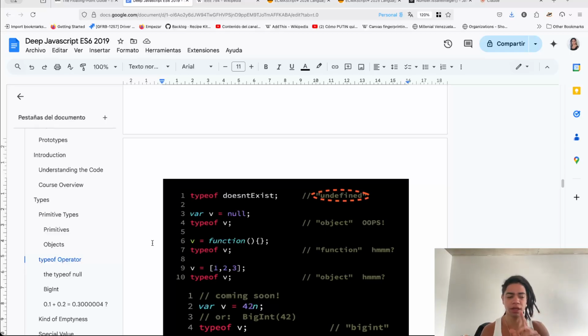The other one is BigInt. What is the problem that BigInt aims to solve? The numeric representation with the primitive number only reaches 2 to the power of 53, which means you can represent a number starting with 9 followed by 15 digits.